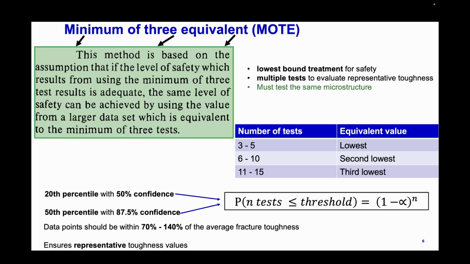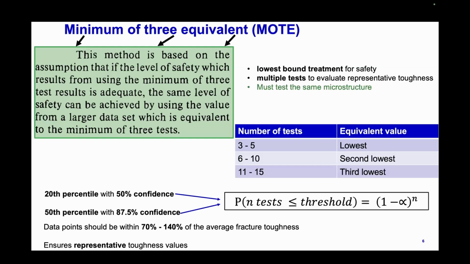In BS 7910, it's also confusing because they give us 2 confidence levels. Here the confidence level is just the median fracture toughness value that was used in the past, which is the 50th percentile, based on this probability equation where the number of specimens is n. And for this, it works for 3 specimens.